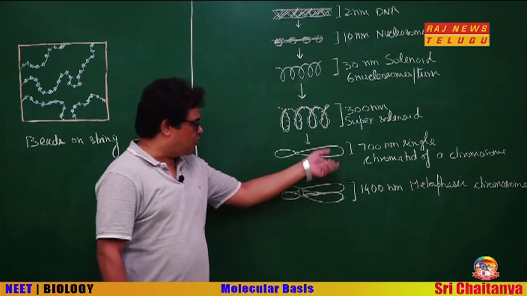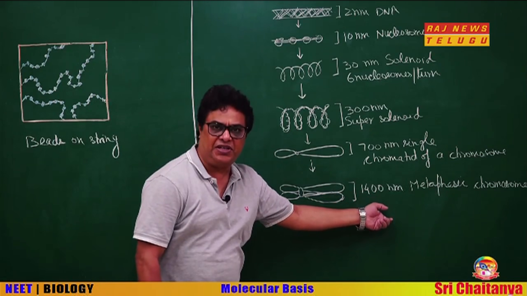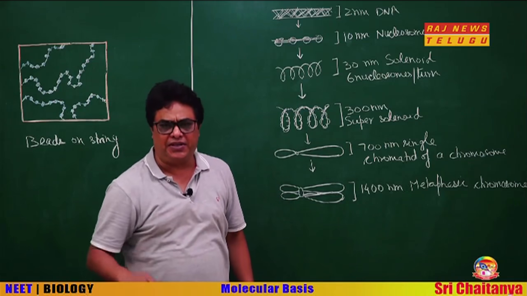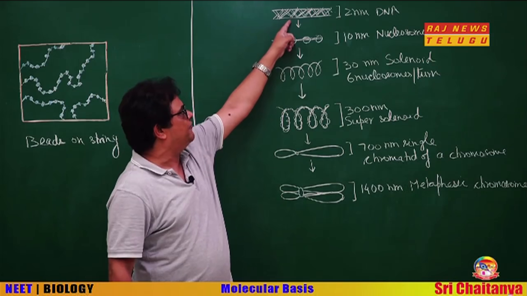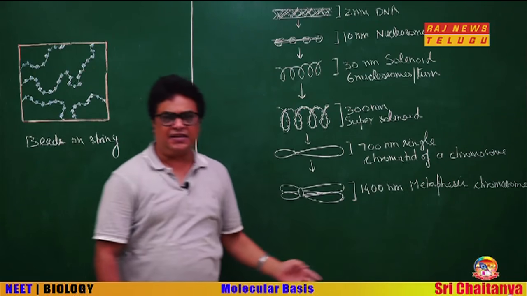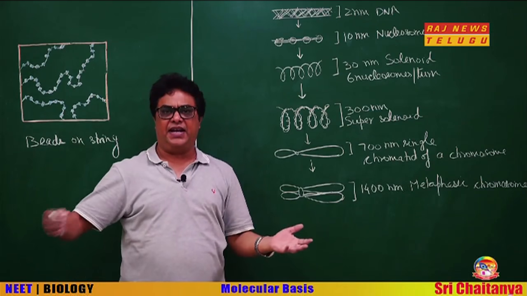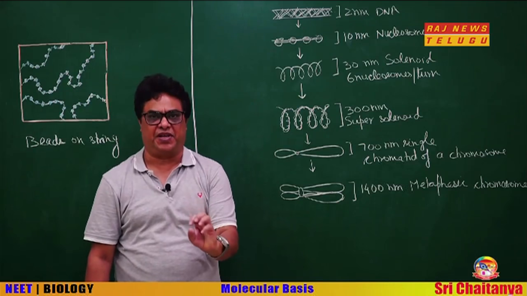So, the total diameter of the 2 chromatids is 1400 nanometer. You can see how different levels of packaging take place, starting from a diameter of 2 nm up till a diameter of 1400 nm. As a result, a very long DNA, when packaged, is accommodated in a very small space.